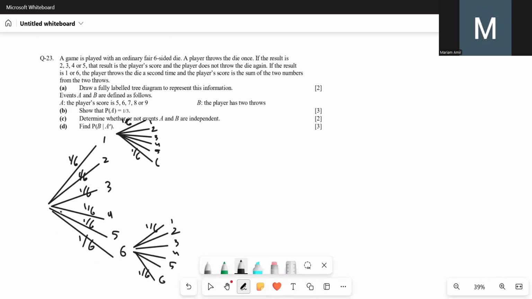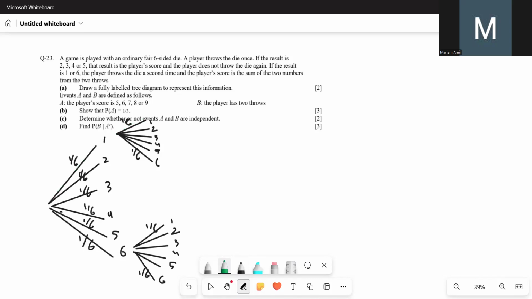Events A and B are defined as follows. Event A: the player's score is 5, 6, 7, 8, or 9. I'm going to write all the scores next to the tree as well. So 1 and 1 gives a score of 2.